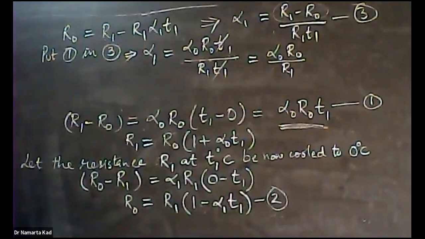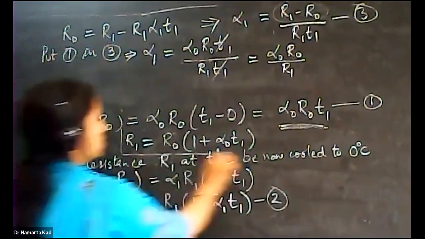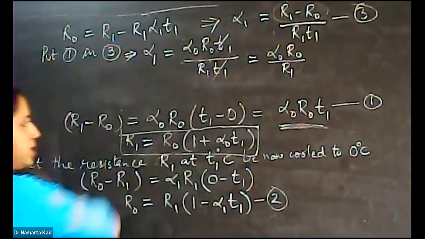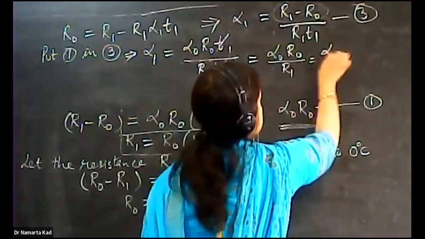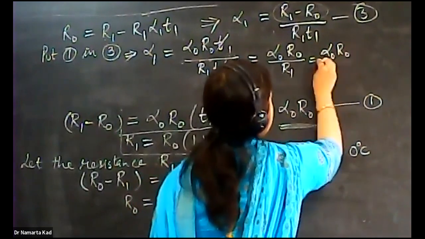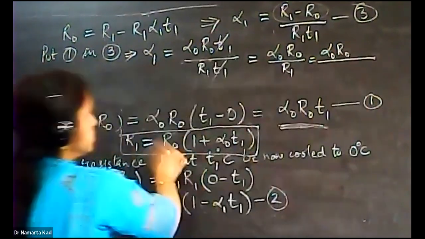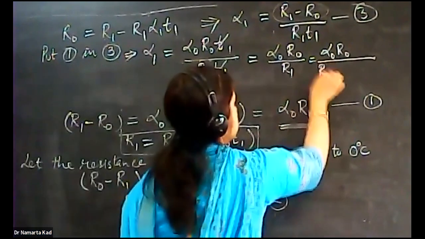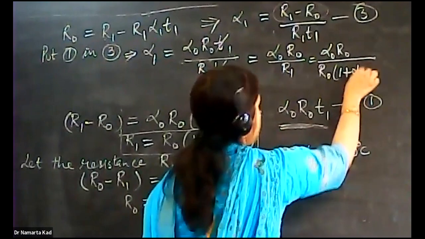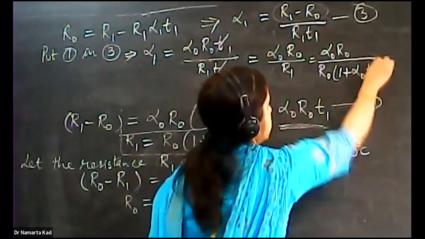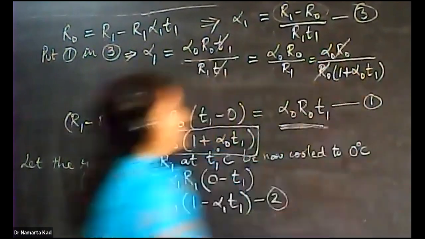And what is R1? R1 is this. ये चीज, ठीक है, so it can be written as alpha naught R naught divided by R naught into 1 plus alpha naught T1. So again R naught cancels out.